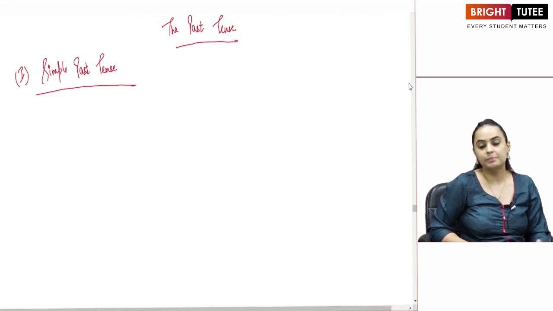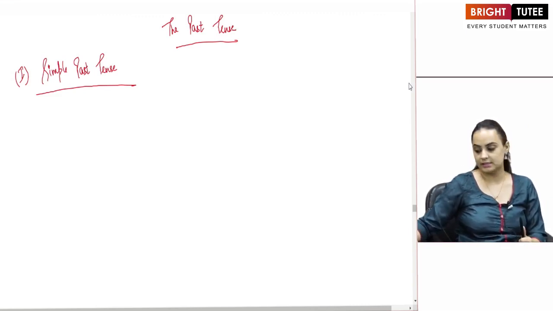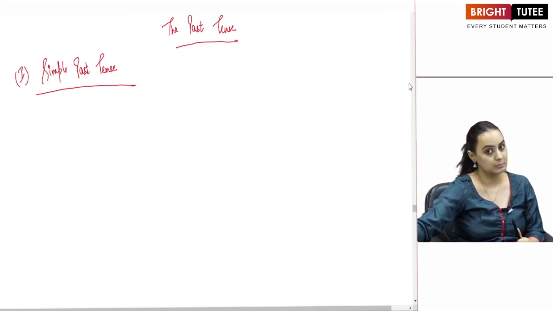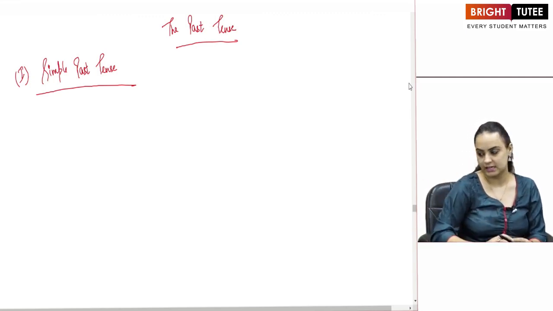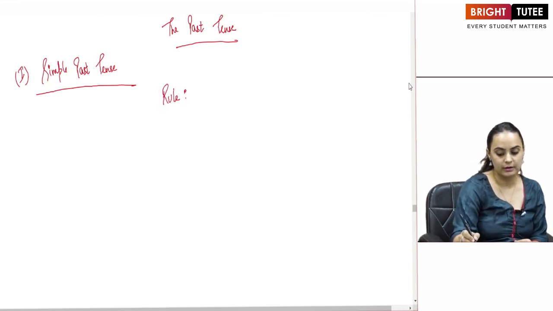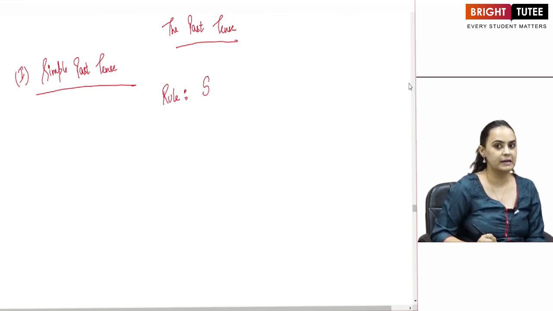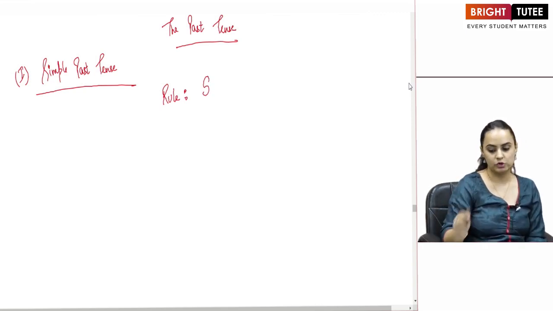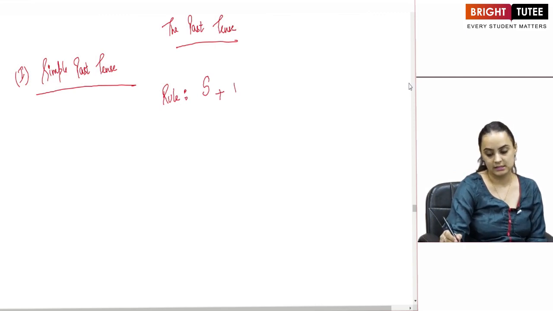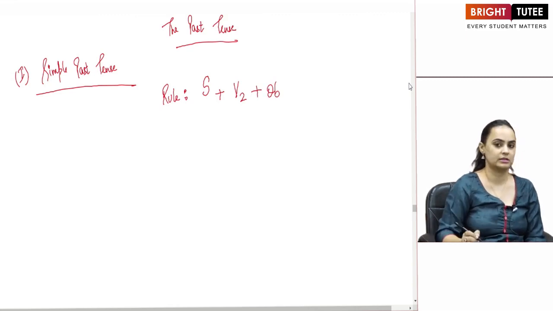The simple past tense is the first type of the tense that we are going to talk about. First, let us talk about the rule. The rule of the simple past tense is subject plus the second form of the verb plus the object.